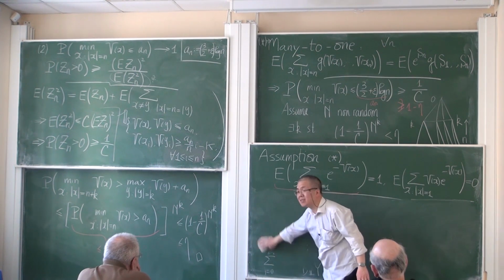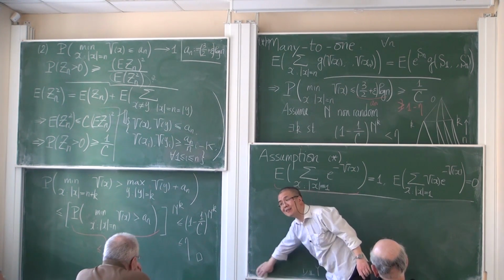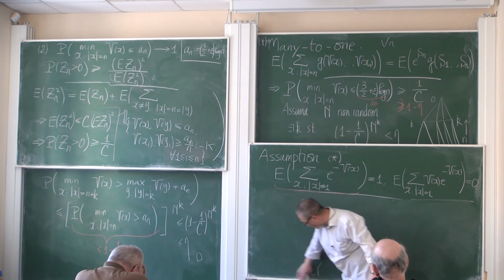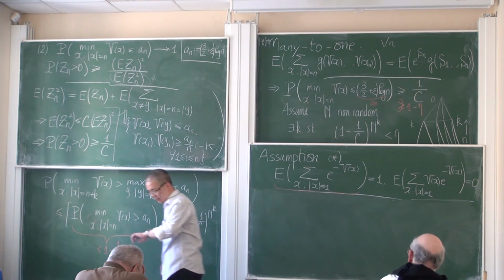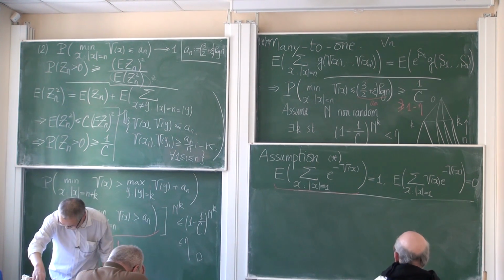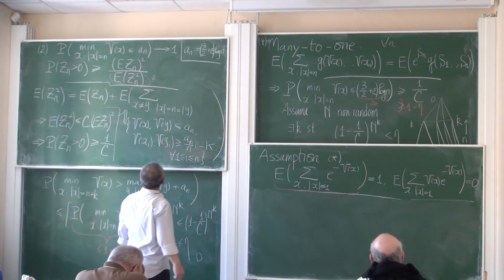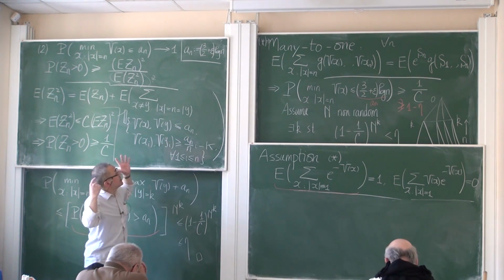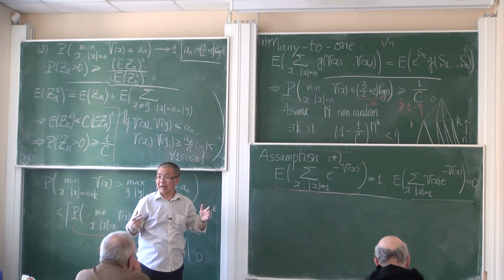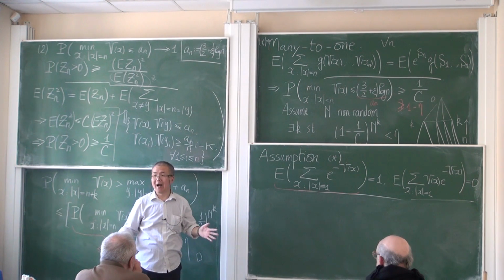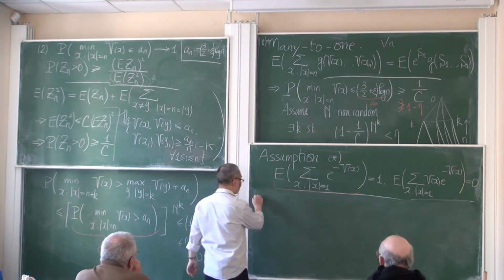So I told you that this is the only quantitative result which I personally know and which I use quite regularly. Okay. So we have proved that, under assumption star, the minimum position divided by log n goes in probability to 3/2.